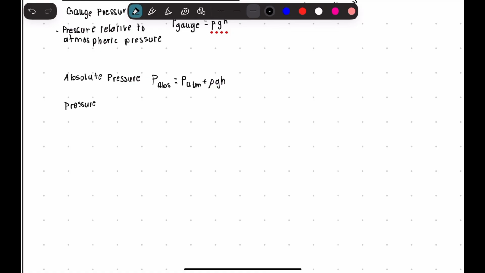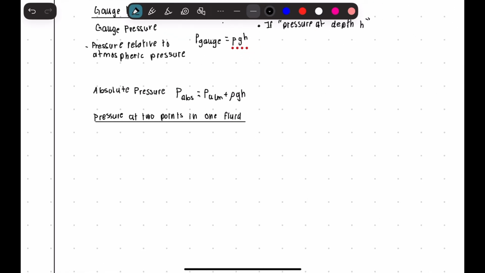pressure at 2 points in one fluid. If 2 points have the same depth, they have the same pressure.